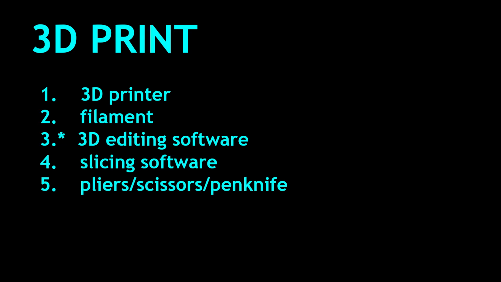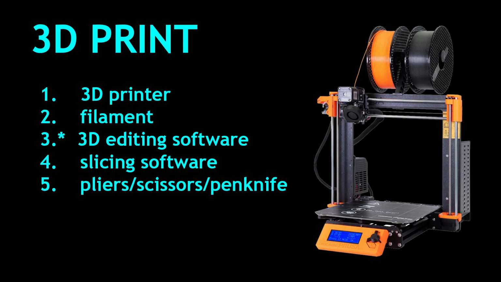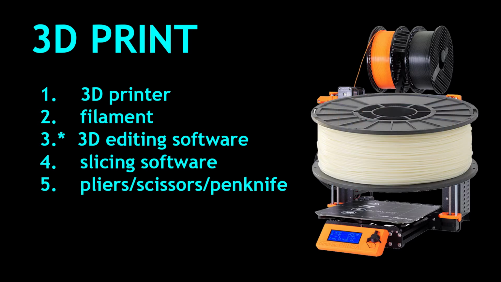So in order to create a 3D print yourself, you can always order one from a company like Shapeways, one of these online 3D print services. But in order to create a 3D print yourself, you'll need a 3D printer, which is the machine that extrudes the filament and creates the print. You'll need filament, which is, in the case of fused deposition modeling, the material that the printer melts.